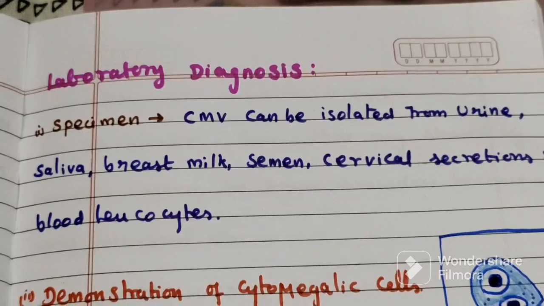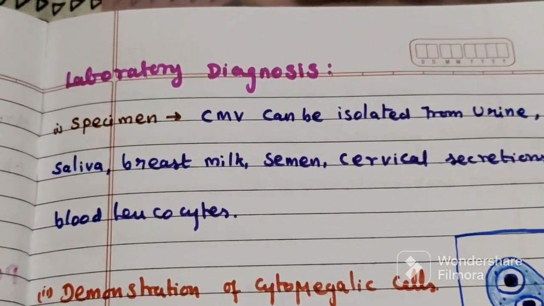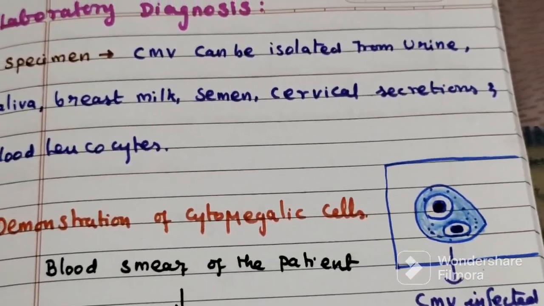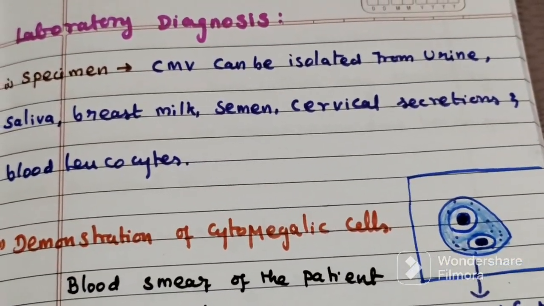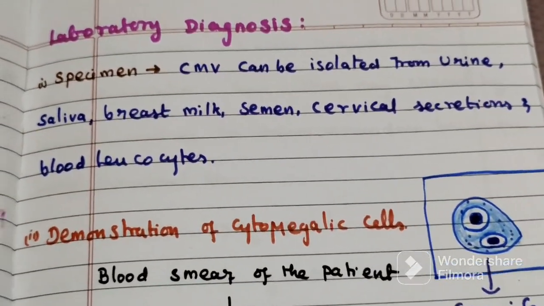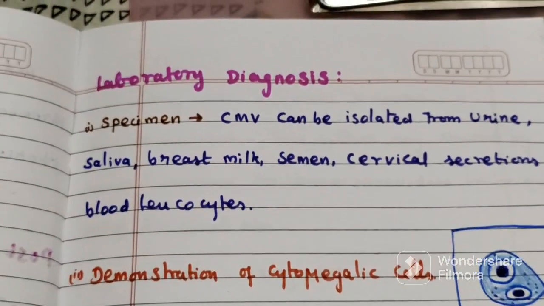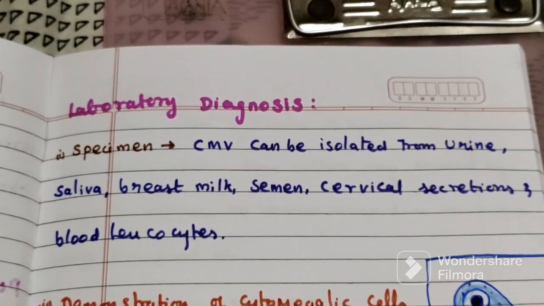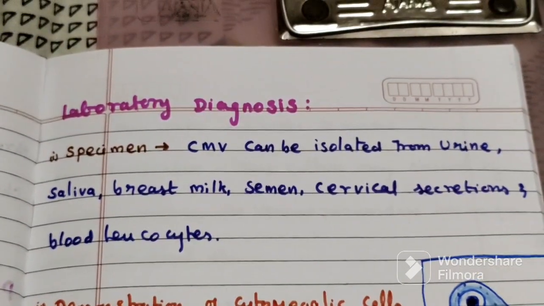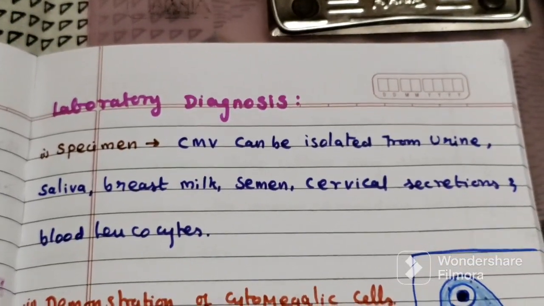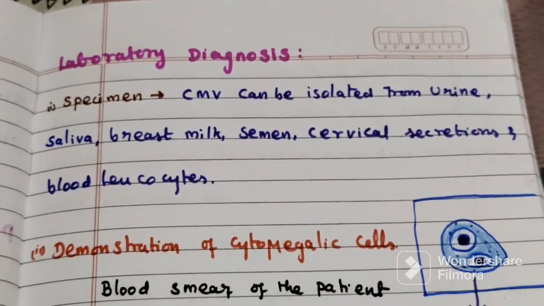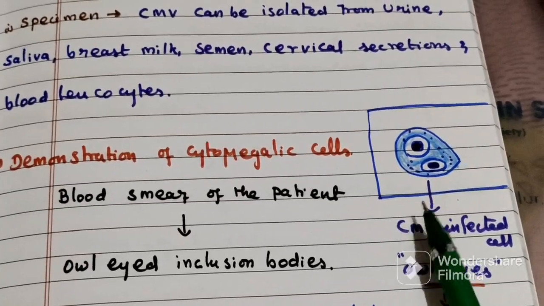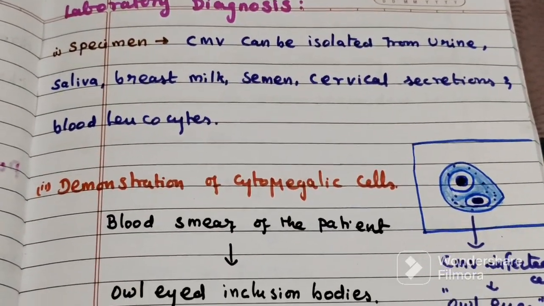When we observe the blood smear of a patient infected with cytomegalovirus, we can see owl's eye inclusion bodies.